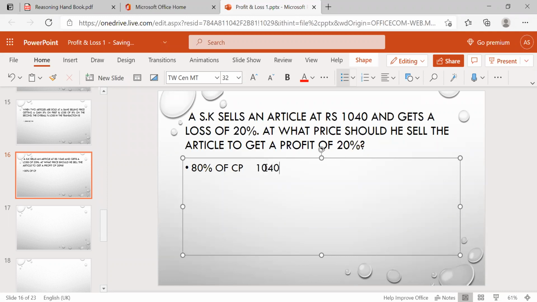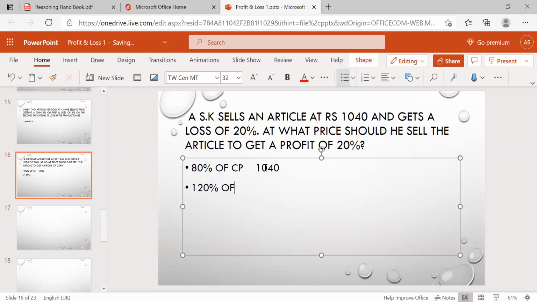It is 1040, right? Now what I actually want is profit. Profit means more than CP, right? So how much profit do I want? 20%. If CP is 100%, then for a profit of 20% you want 120%, right?